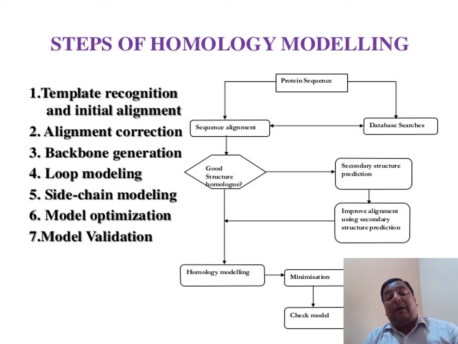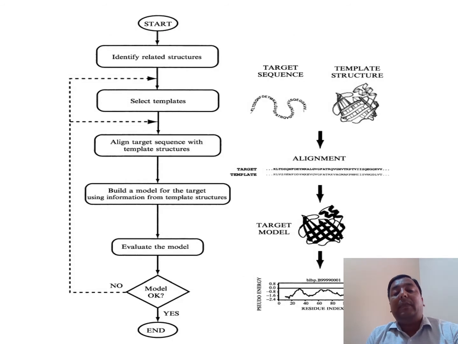Then after applying these homology modeling approaches, we will see the minimization methods to be used to check the stability of the structures. Once we find the stable structures, we will validate our structures, then interpret our structures, then analyze our structures. So there are plenty of steps to get good quality structures.